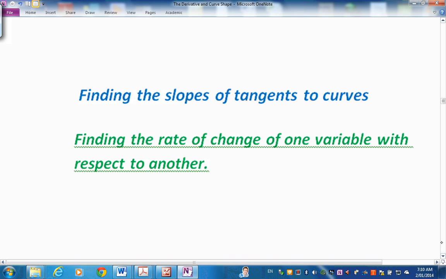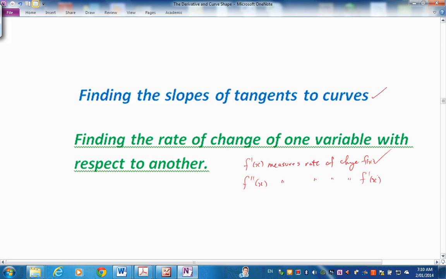To summarise, what are we doing? Finding the slopes of tangents to the curves, or finding the rate of change of one variable with respect to another. So f dash x measures the rate of change of f of x as x increases, and f double dash x, the next derivative, measures the rate of change of that.